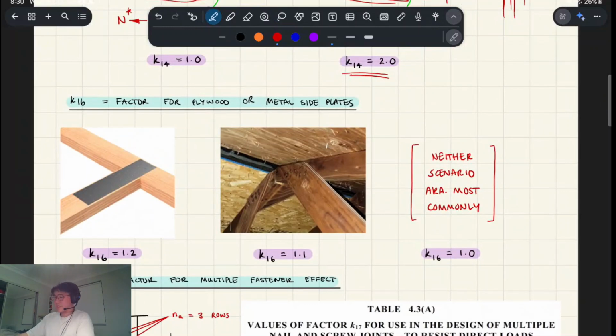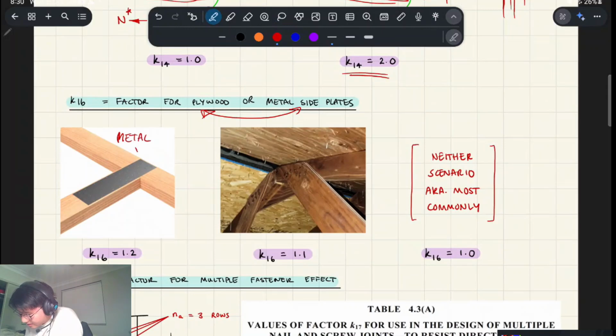Basically you can also increase for nails and screws, you can increase your capacity if you have these specific kind of arrangements, which are like plates, right? So I should really have that the other way around. That's a metal plate, and this one's your plywood.